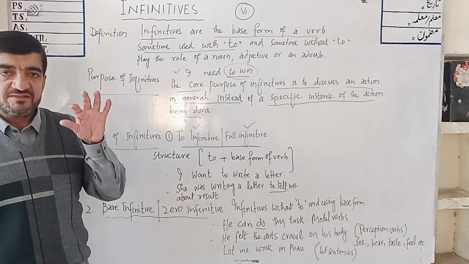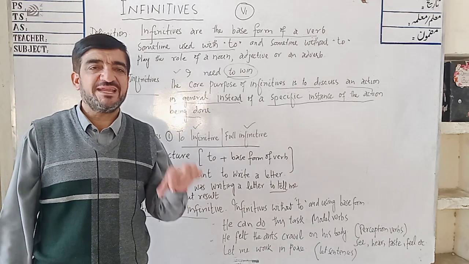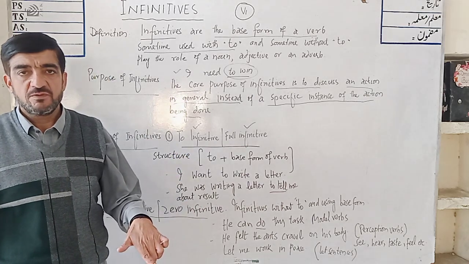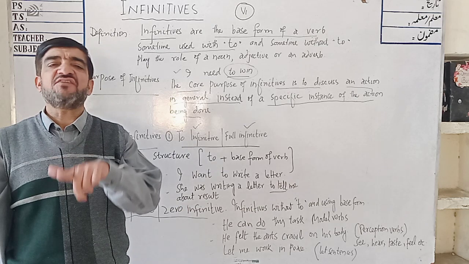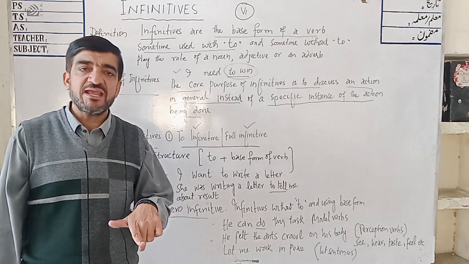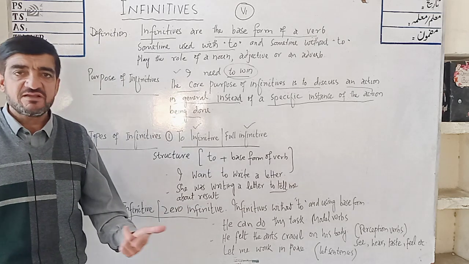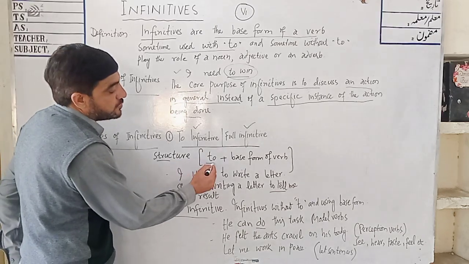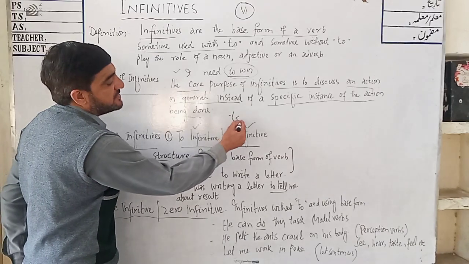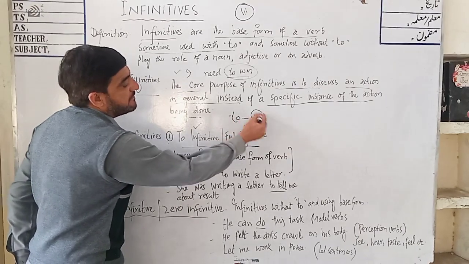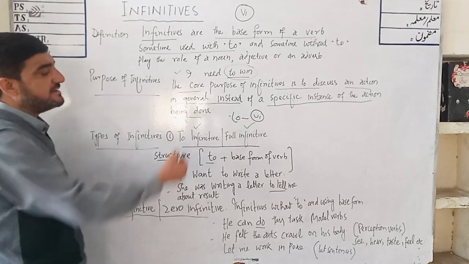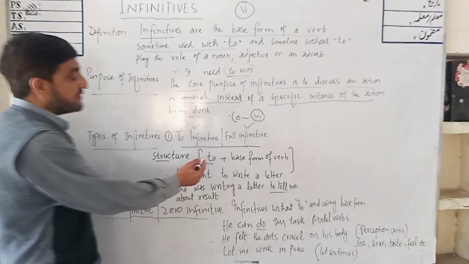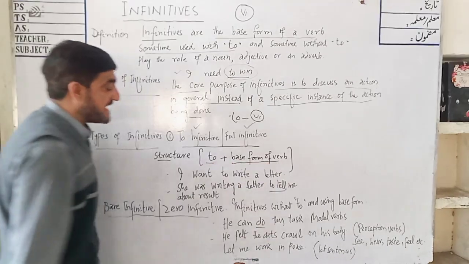When the base form of the verb is used after to, then that infinitives are known as to infinitives or full infinitives. Structure is to, and you know very well that after to we always go for the use of V1. And V1 or first form of the verb is known as base form of the verb. So to plus base form of the verb.